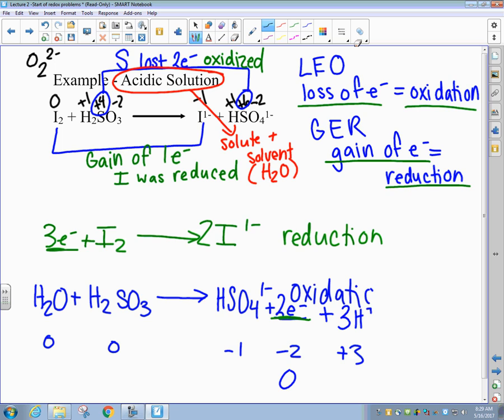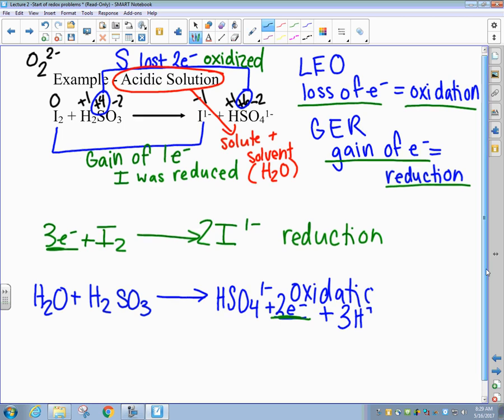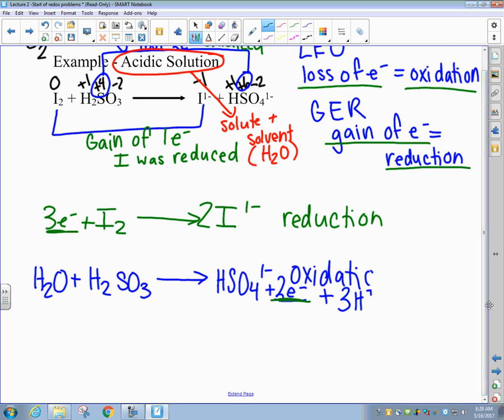Okay, so now we're on the step where we are going to go through and combine our two half reactions and then cancel like terms. So on the left-hand side, I'll combine all of my reactants. I have 2 electrons plus molecular iodine plus water plus sulfurous acid.